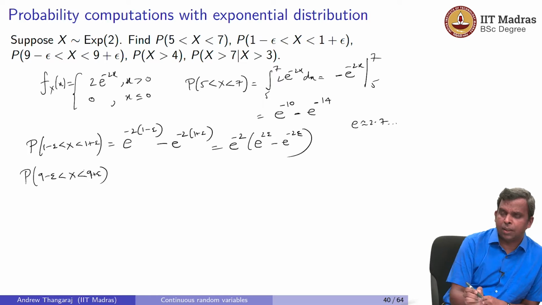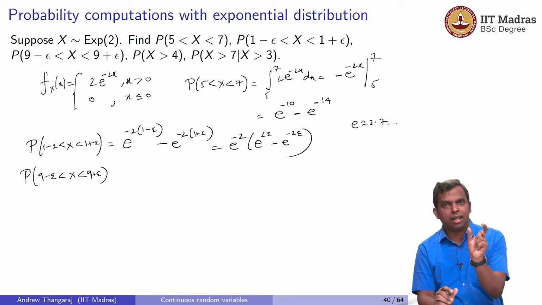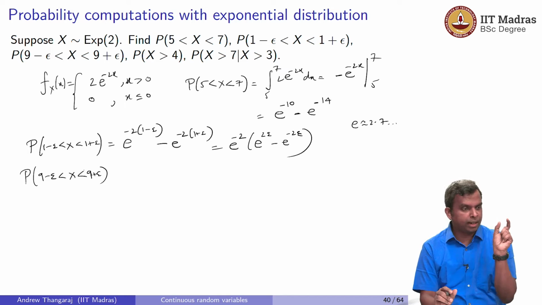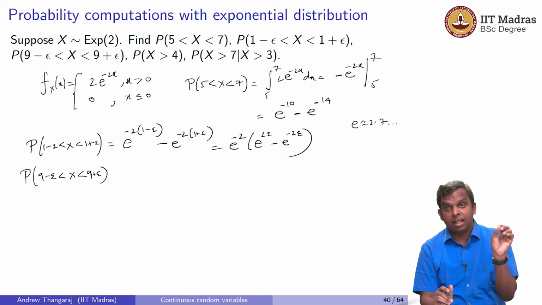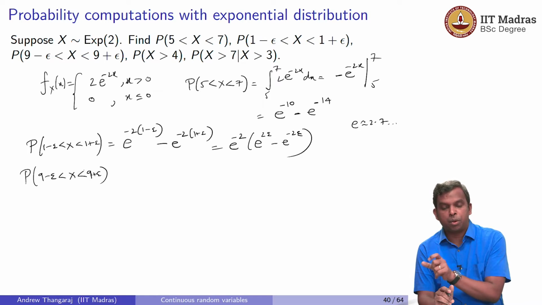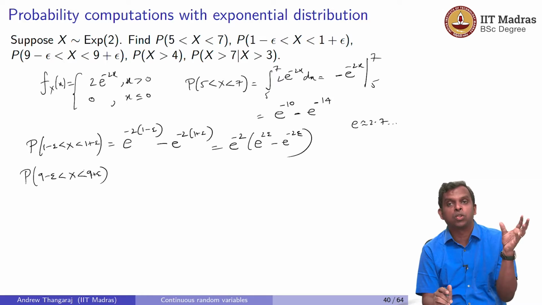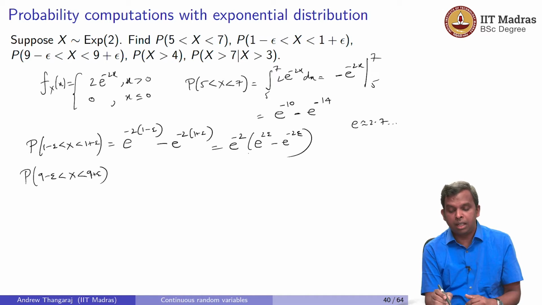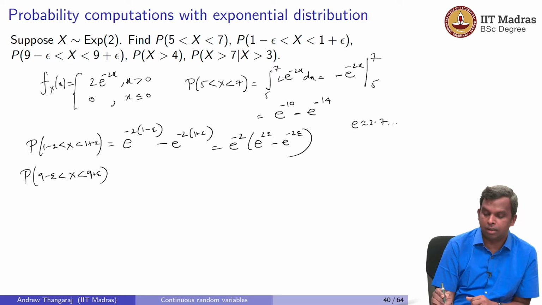Basically, this has the same width interval 2 epsilon, one around 1, from 1 minus epsilon to 1 plus epsilon, the other around 9. What's the probability that X takes a value close to 9? What's the probability that X takes a value close to 1? That's the kind of question we are asking. So this turns out to be e power minus 2 times (e power 2 epsilon minus e power minus 2 epsilon). That's one value.